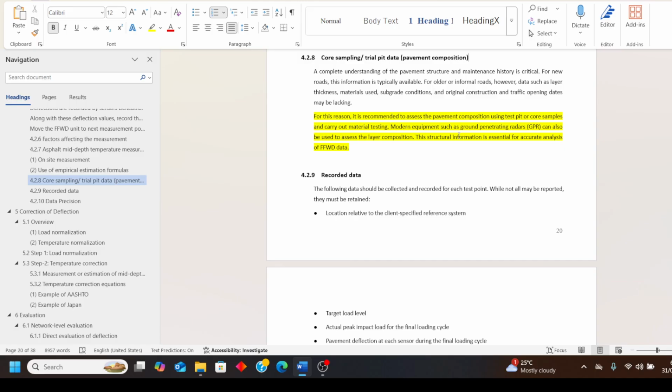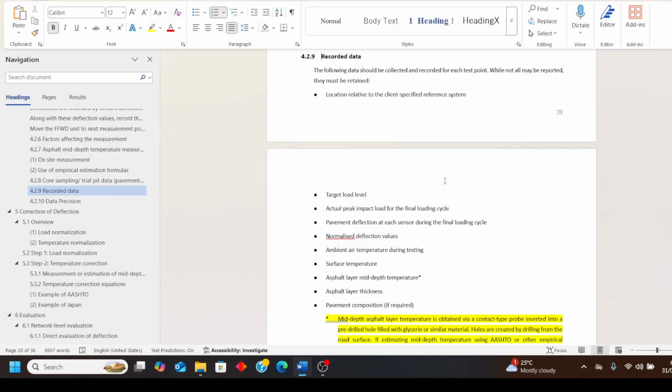So we can use any of these three methods. Knowing the true thickness and the material is very essential for the inverse analysis. That's why one of these three methods quoted in this manual should be used.